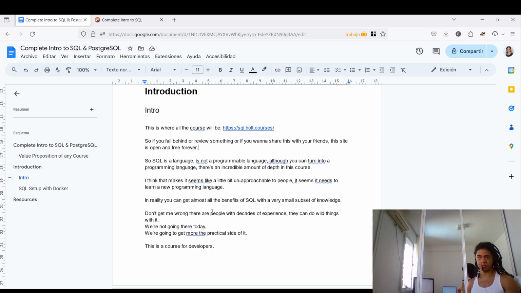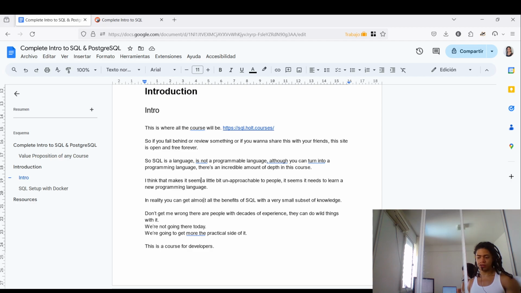For many people this approach can seem a little bit unapproachable, learning SQL, or learning a new programming language.